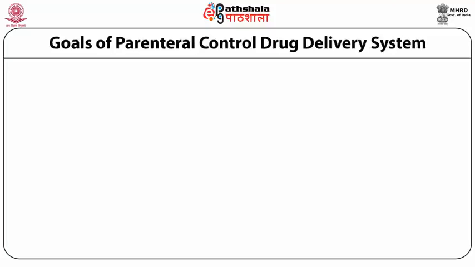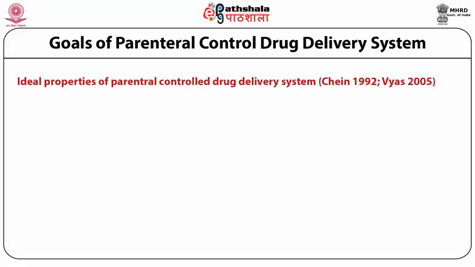Let us now summarize the ideal properties of the parenteral controlled drug delivery system. For any drug delivery system, we usually ideate a particular level of formulation design and behavior. What are the various things we attach to an ideal drug delivery system used parenterally? The first thing that comes to mind is that it should be safe from accidental drug release.